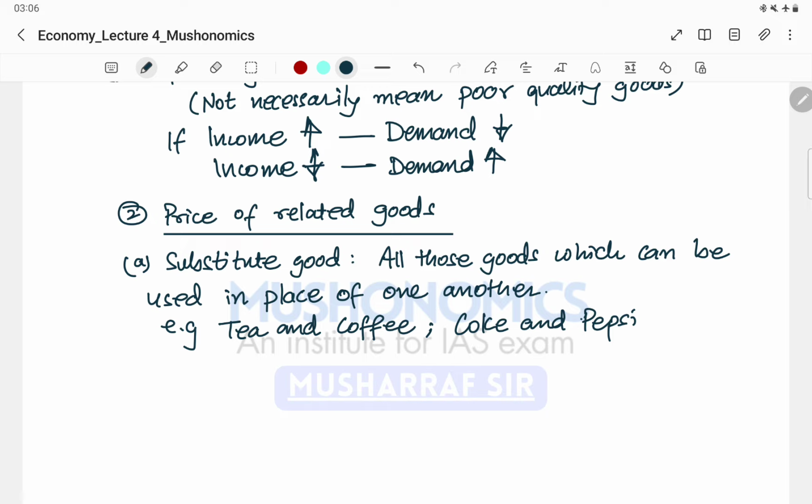So how does the law of demand work here?